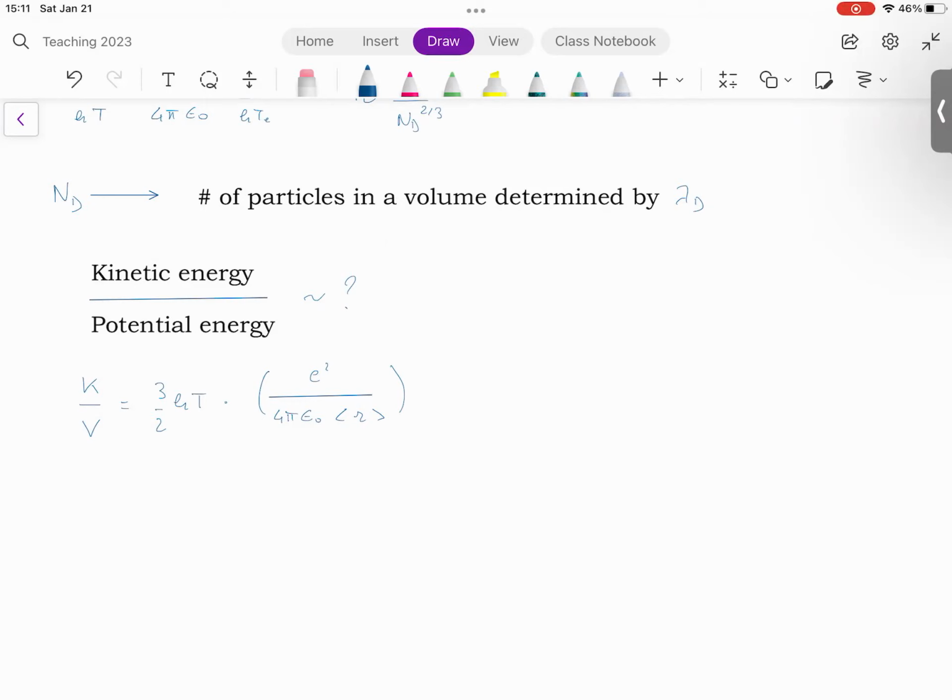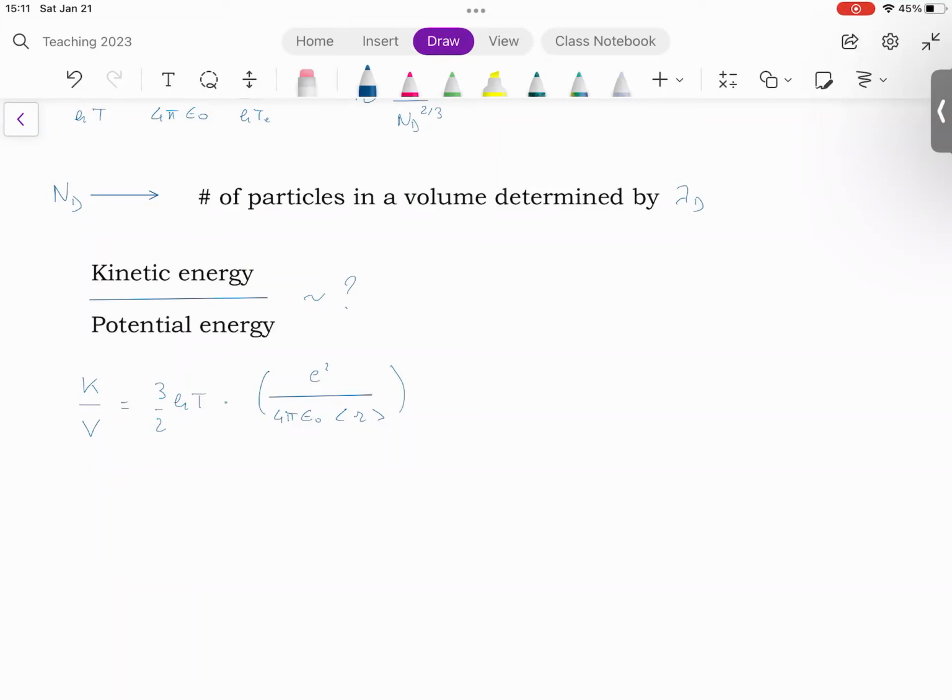And the reason why I need an average is that here I'm comparing the average kinetic energy of a particle. That's why I'm using the temperature. I'm not picking any specific single particle. I'm looking at an average.